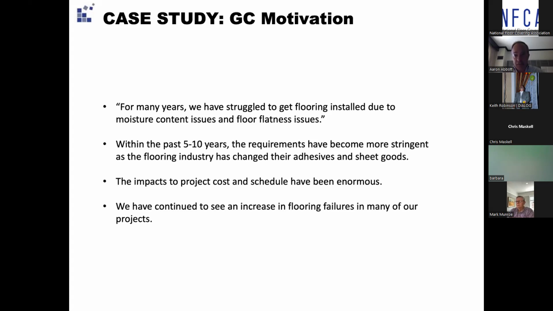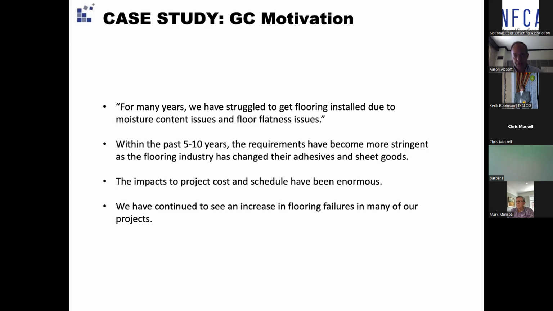In the past, the flooring adhesives were more solvent-based and, I guess, more tolerant to high moisture conditions. Then they went to more low VOC, water-based adhesive systems, and at least at the beginning, those were less tolerant. That's changed a little bit over the last several years.